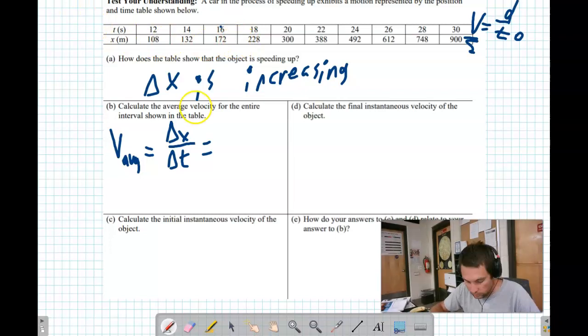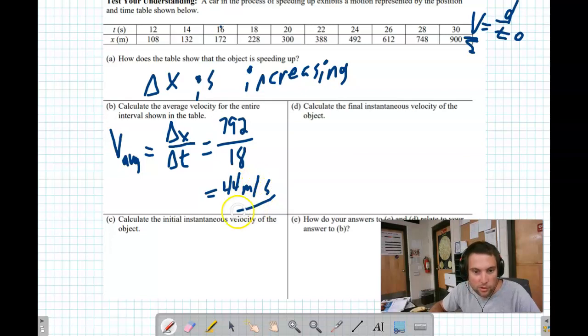Hang in with me for a second. Did we get 792 divided by 18? Hopefully. And I believe that shows 44 meters per second. If it doesn't show that, if I messed up my math, hey, it happens. But you should be good.